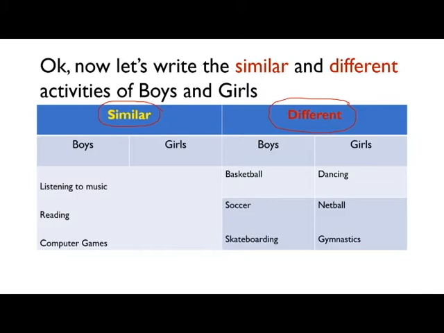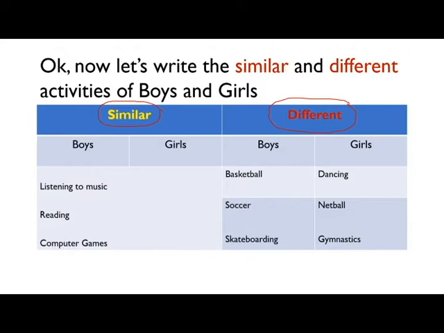When we talk about the different activities, boys are more involved with basketball, soccer, and skateboarding, and girls are more involved with dancing, netball, and gymnastics. This is a good way of planning your writing task one when it comes to pie charts or line graphs, when you have two line graphs or two bar graphs. It'll just take a minute or two to make that table, but it'll give you a much better understanding of your pie charts or graphs for writing task one.